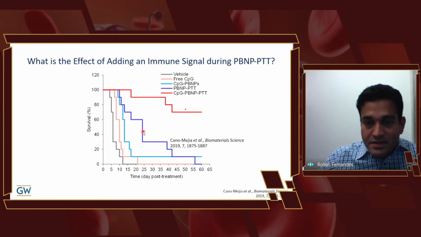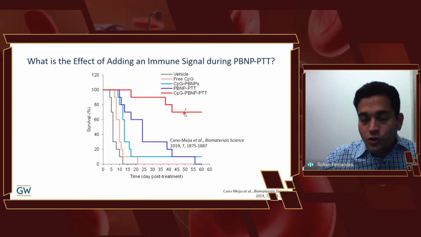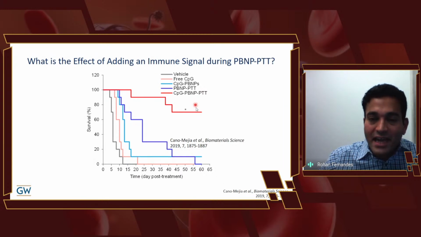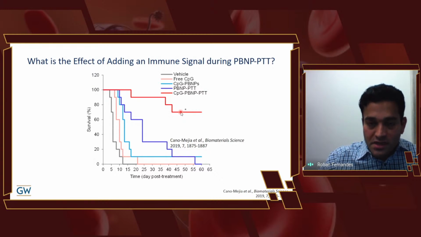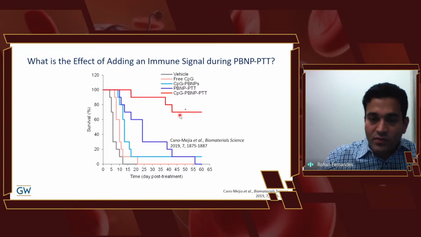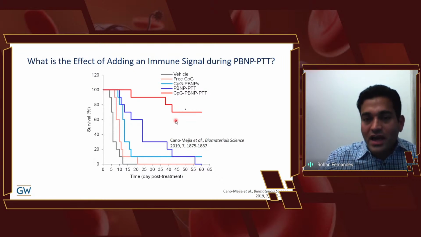Now, how do these pieces work in tandem? When we use CpG PBNP PTT on day 0, followed by 2 further boosts of CpG PBNPs on day 2 and day 5, we were able to see that 70% of the animals showed long-term survival and complete tumor regression. So keep in mind that when we first used PBNP PTT plus anti-CTLA-4, we only saw about 60% long-term survival.